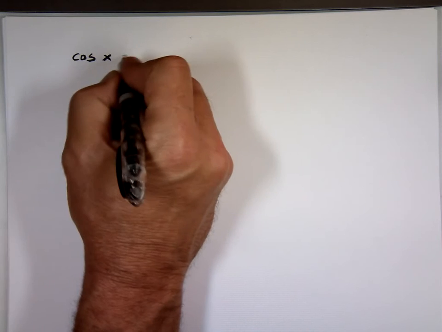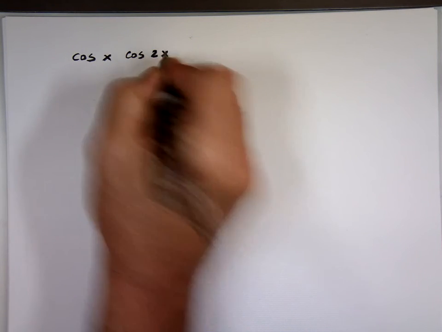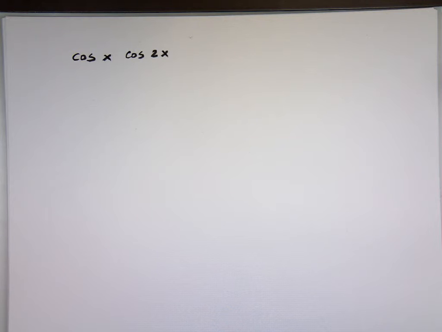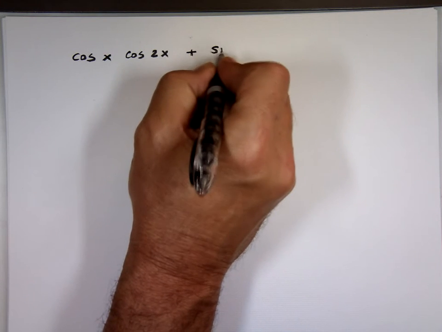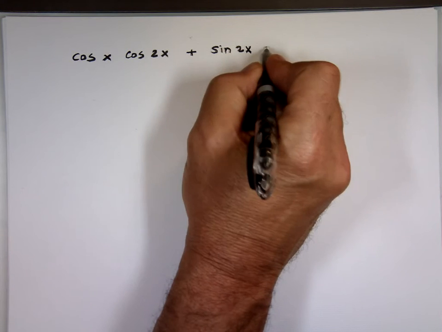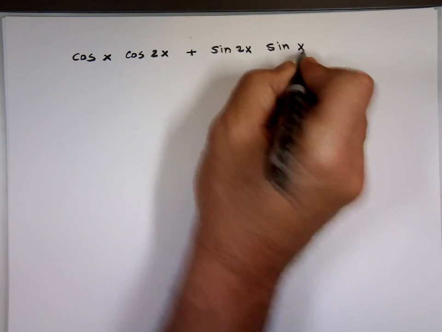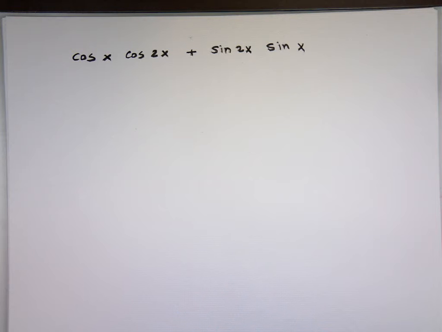Cosine x, cosine 2x plus sine 2x sine of x. Oh, no, I copied the whole thing wrong. Nope, never mind that. Flip that one, ignore that one. You didn't hear that one. It's on video. But nobody heard that one. I wrote the whole problem wrong. As I said, my eyes are horrible. Let me write it again.